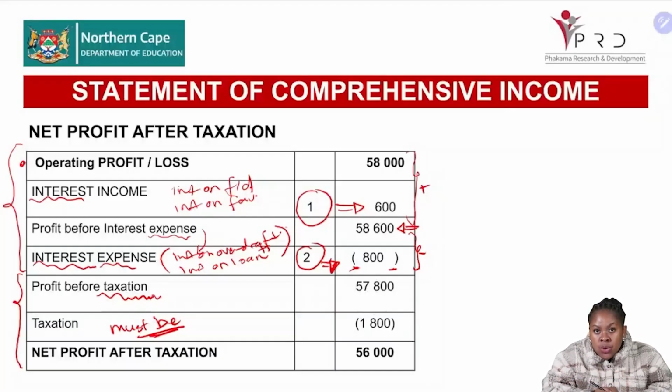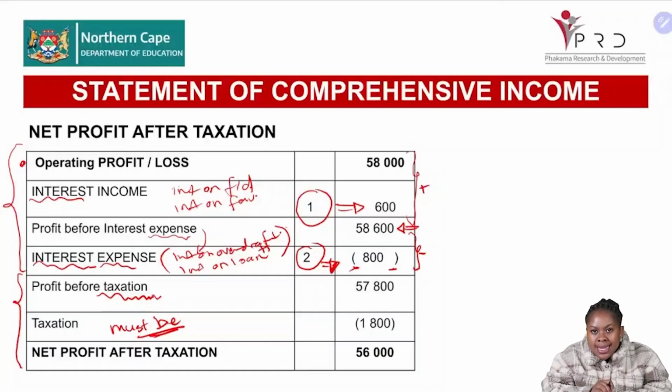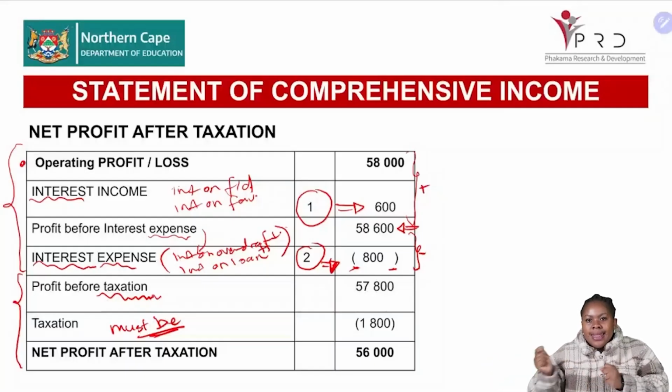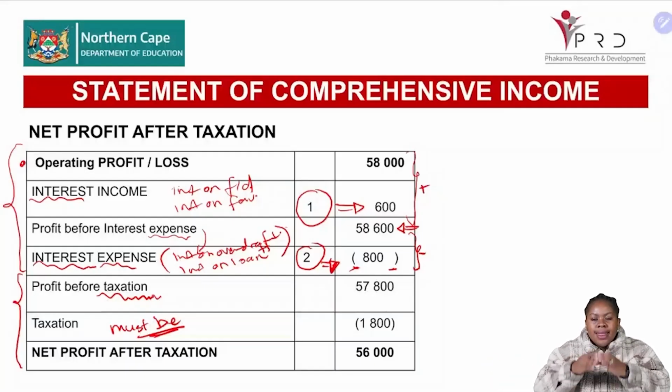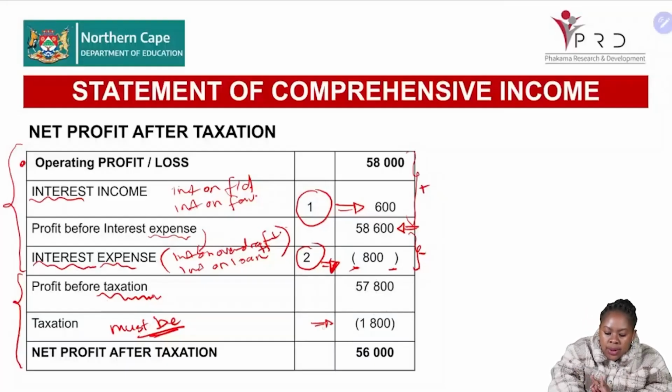So what they normally do is provide the provisional payments in the trial balance, and then they have an adjustment indicating either the total income tax, or they tell you how much is still outstanding, or that we have maybe paid in advance when it comes to income tax. Then you have to do a calculation that is only relative to this financial year. So the provisional payments is what you've paid, plus what you owe will give you your income tax for the year.